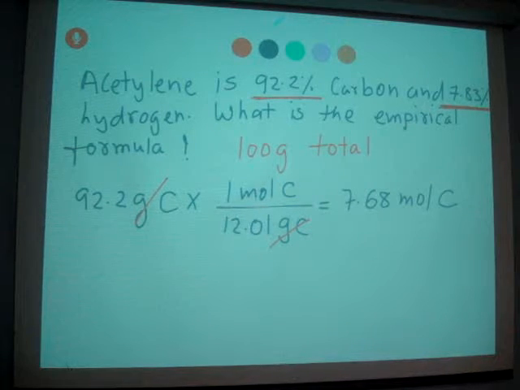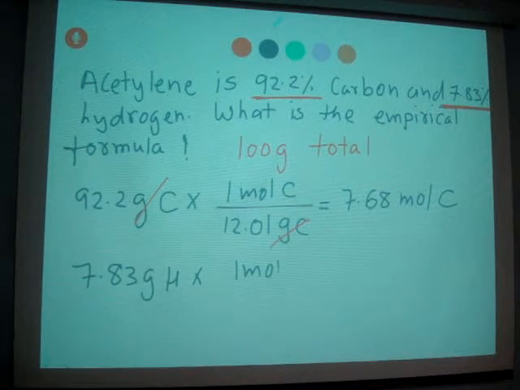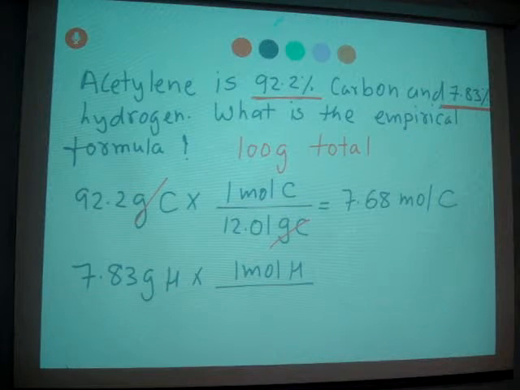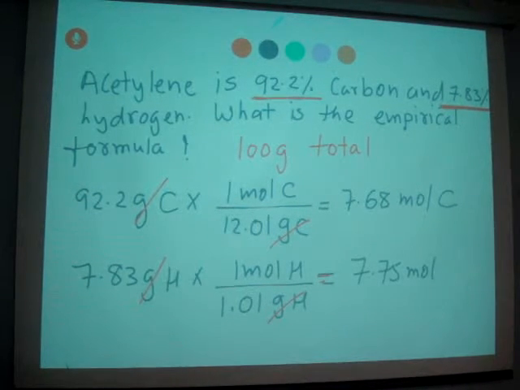Now you have 7.83 grams of hydrogen. You convert into hydrogen mole. The way you can set it up, grams cancel and you find moles, which is 7.75 moles of hydrogen. Now out of these two, which one is the least amount? 7.68.